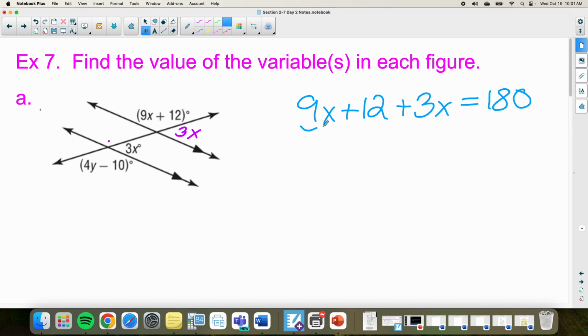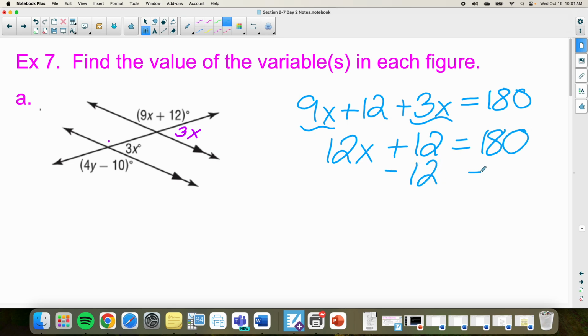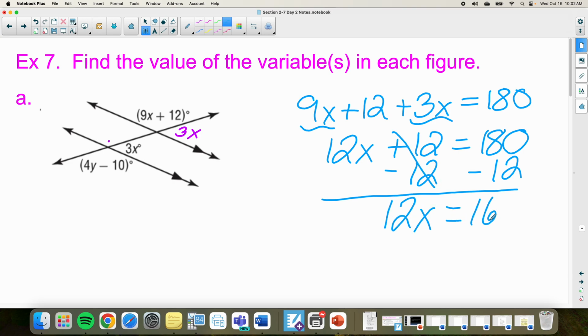Okay, 9x plus 3x is 12x plus 12 equals 180. Then I'm going to subtract 12, and I get 12x equals 168. Divide by 12, and x is 14. Right? Yes.